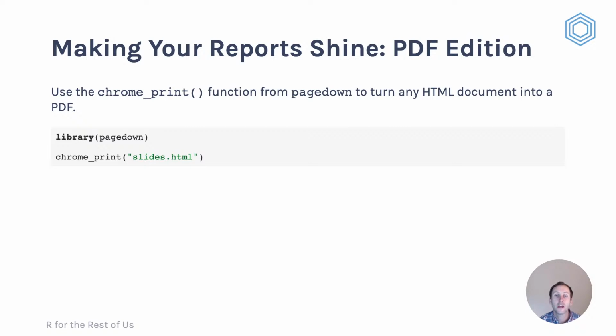Here you can see the code to do this. I load the pagedown package and then I use the chrome_print function to convert to a PDF. So let me do this actually, and I'm going to do it by working in the project that I have actually used to make slides for this course.